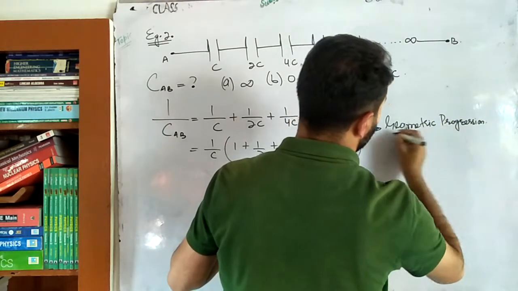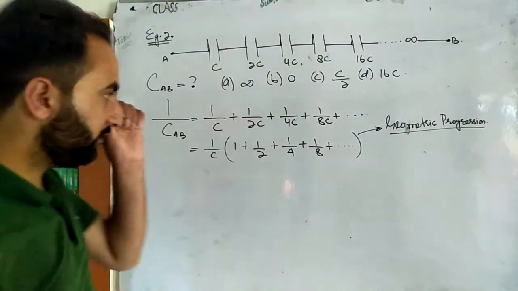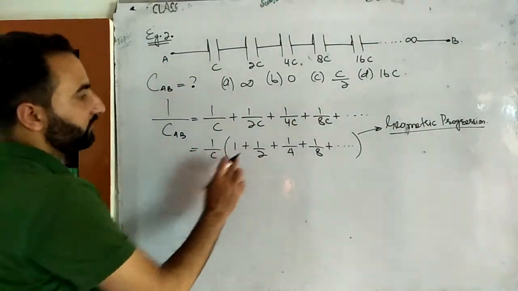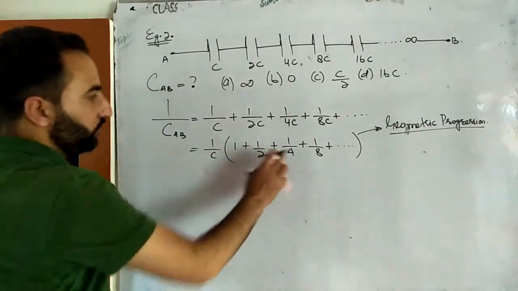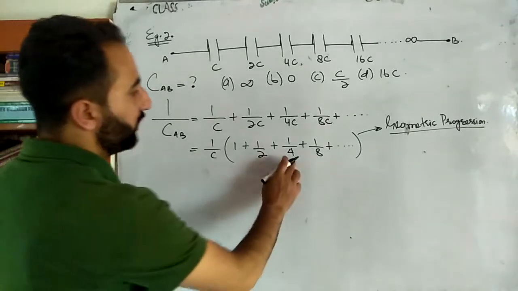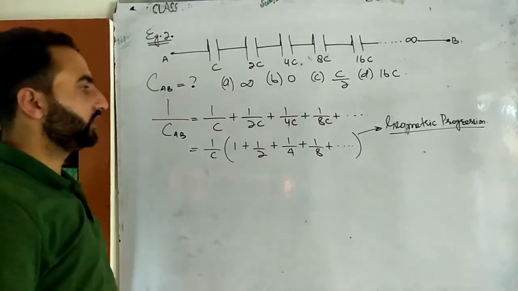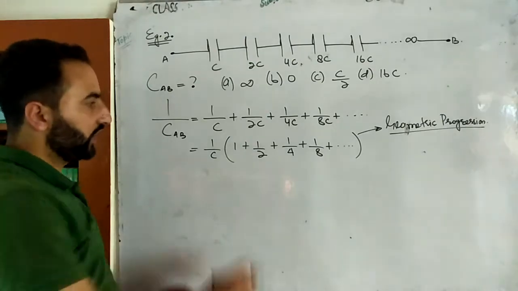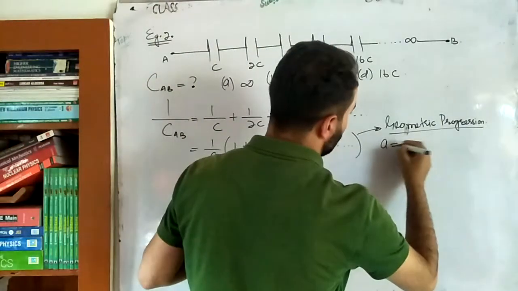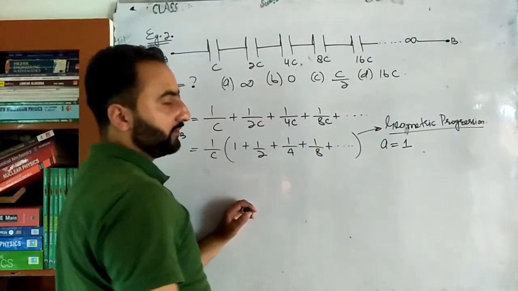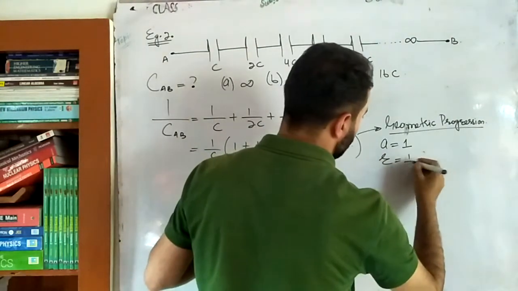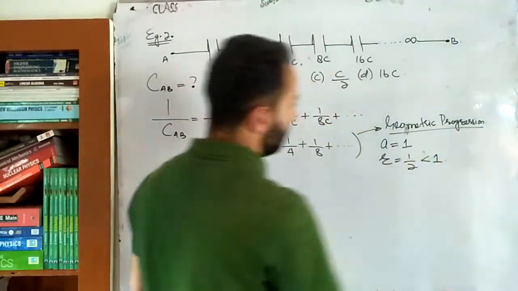It has a common ratio between the successive terms. ठीक है ना बेटा? Suppose 1 by 1 by 2 is 1 by 2. 1 by 2 by 1 by 4 is also 1 by 2. 1 by 4 by 1 by 8 is also 1 by 2. ठीक है ना बेटा? So it is a geometric progression with the first term A equal to 1, and the common ratio R equal to 1 by 2, which is less than 1. ठीक है ना बेटा?